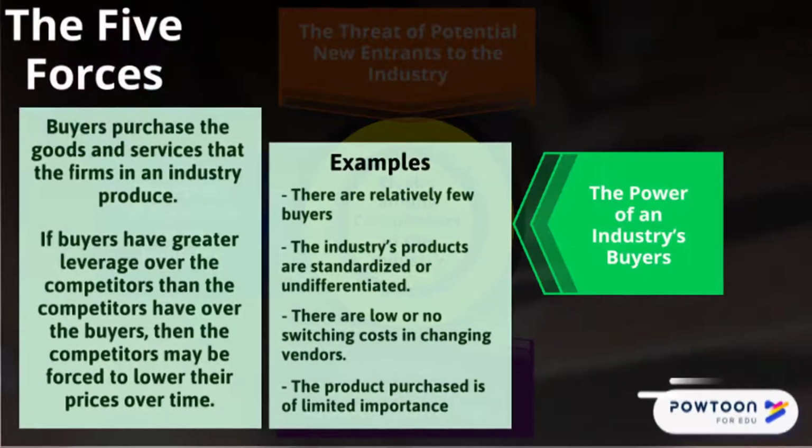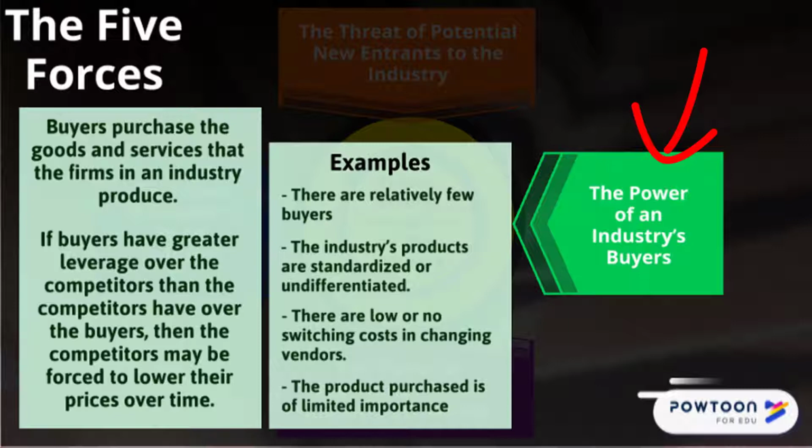Buyers, the power of the clients. If buyers can buy products from several companies, it's good for them because they can switch from one company to another. If the buyers have just one company to buy from, that's complicated because they have to accept the price of that company.